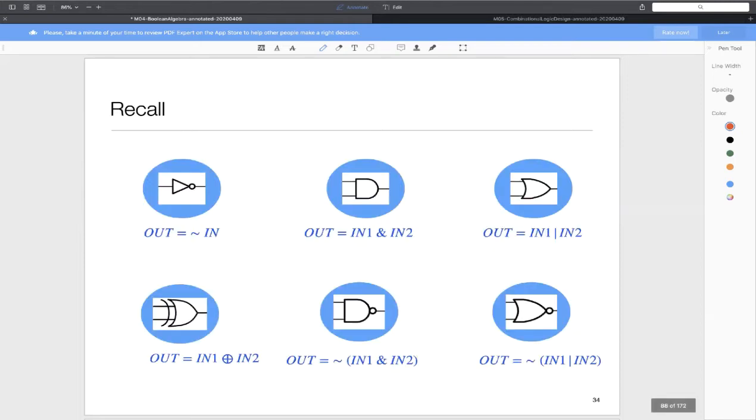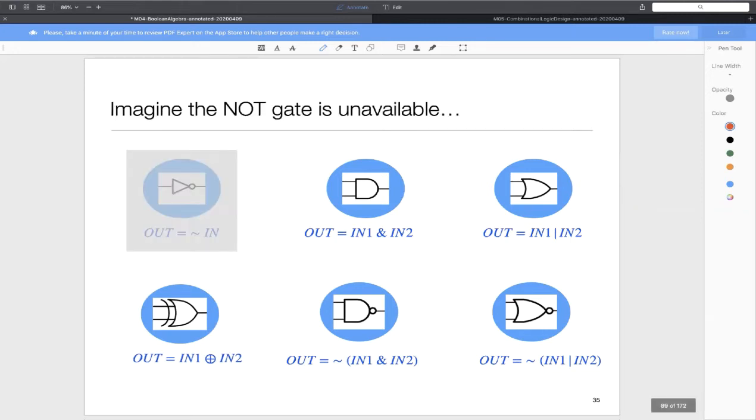So recall again, we have seen this slide before. These are some of the gates that we have in mind. Let's say I tell you, suddenly we lost our supply of NOT gates. Can you make a NOT gate out of one of the remaining gates?